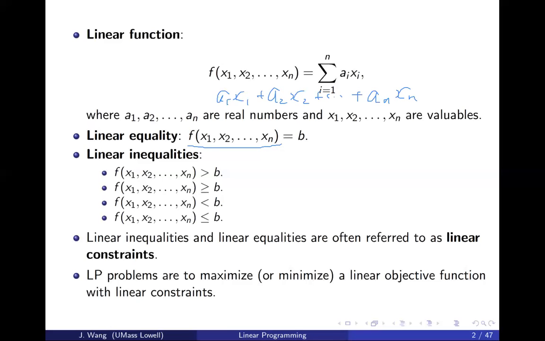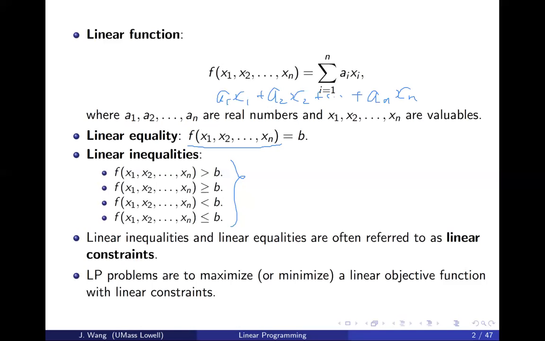And linear inequalities and linear equalities, which are to be satisfied for a given objective function, are referred to as linear constraints. So then an LP problem is to optimize an objective function subject to a set of linear constraints. And optimization could be maximization or minimization.